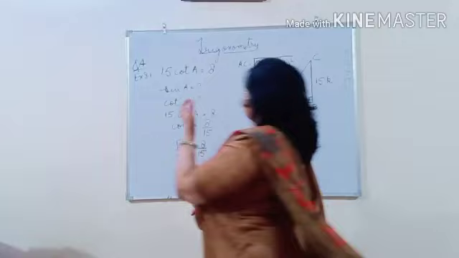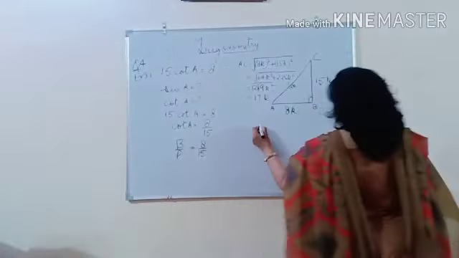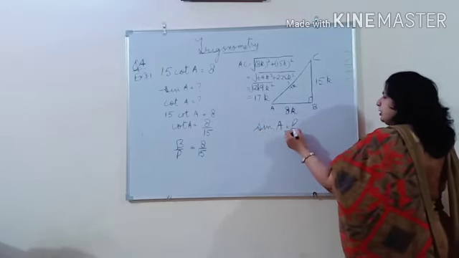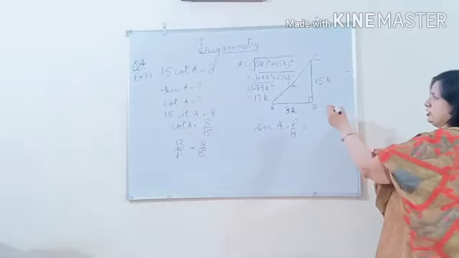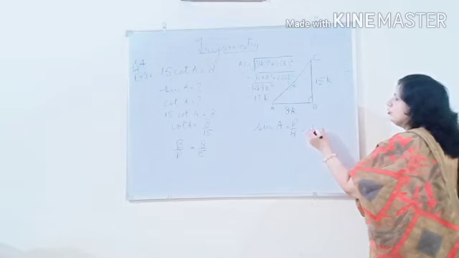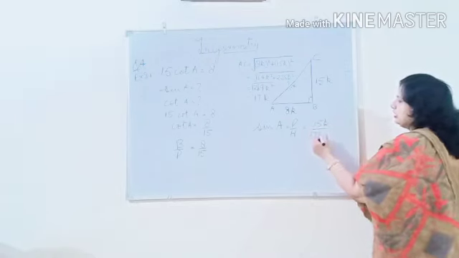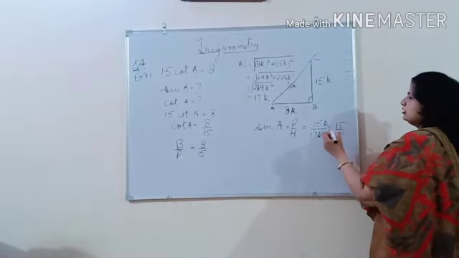We have to find sin A and sec A. Sin A will be equal to perpendicular upon hypotenuse. Perpendicular is BC upon AC. That will be equal to 15K by 17K, which is equal to 15 by 17.